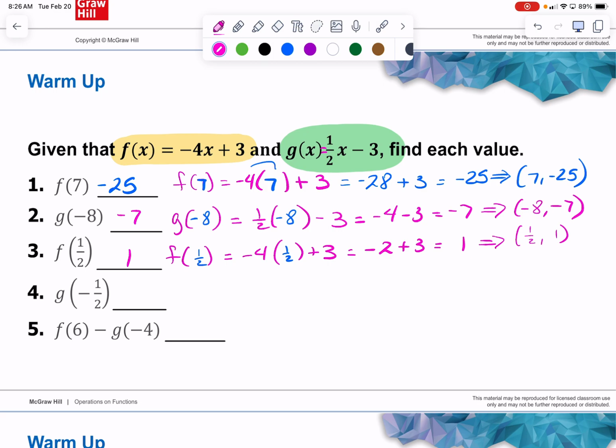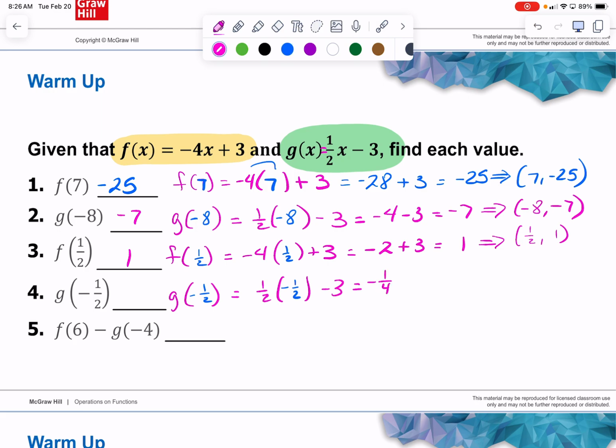g of negative 1/2. So in place of x, I have a negative 1/2. What's 1/2 times negative 1/2? Yeah, negative 1/4.